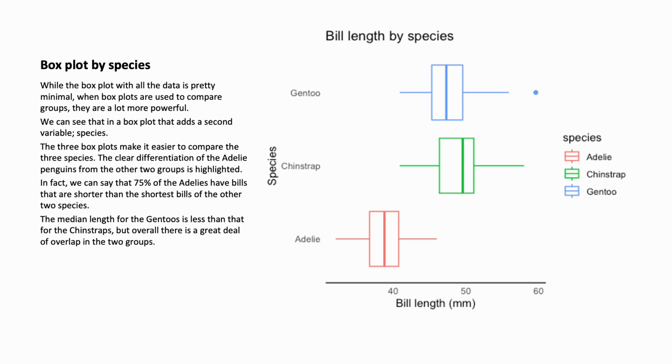And so that means that the overlap is really in the upper quartile for the Adelies. On the other hand, the boxes for the Gentoo and Chinstraps are very close to each other.